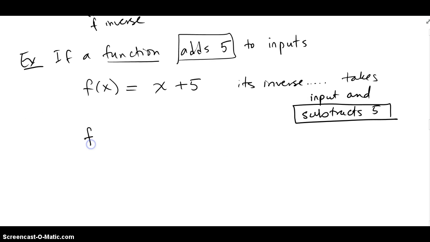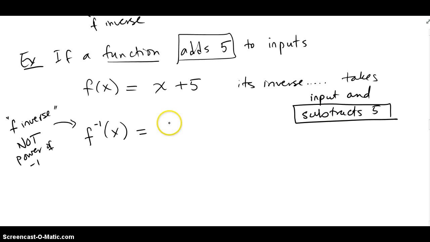So f inverse, that's how it's read. F inverse, there's a power of -1, but it's really not a power. It's a notation that is read f inverse. It would have to take the input and then subtract 5 from it. So the function takes the input and adds 5, and the inverse takes the input and subtracts 5 from it.